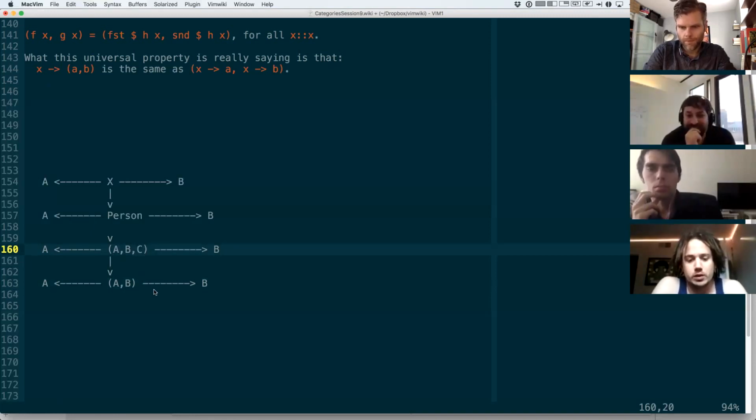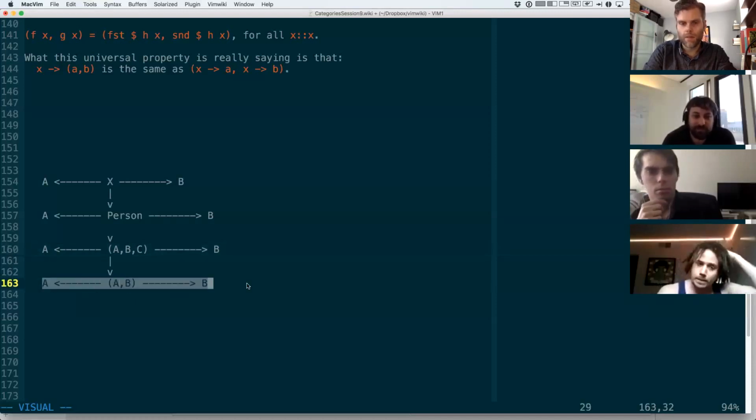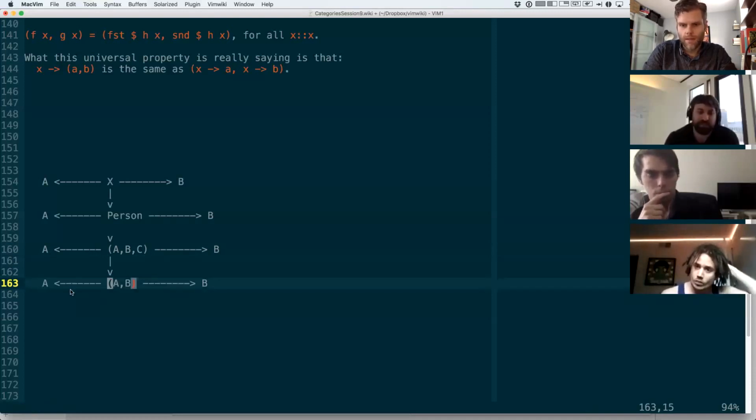You can pick an arbitrary C and you can go backwards, but it's not a unique morphism, so that doesn't change the terminalness. Right. So what I'm saying is that this diagram at the bottom here is the terminal object in the category of such diagrams. And that's what makes this the product. Interesting. Yeah.